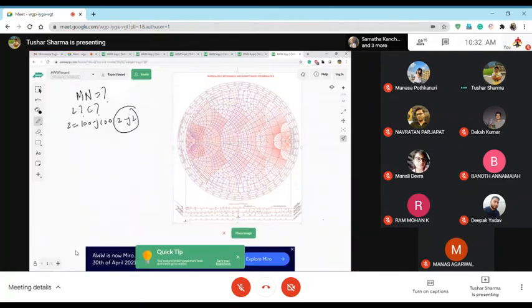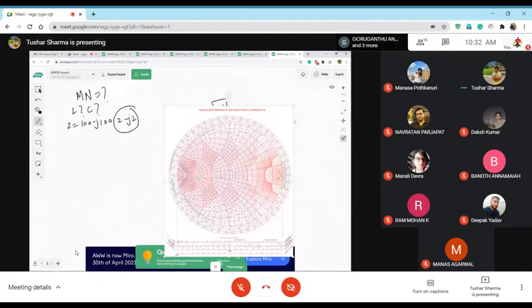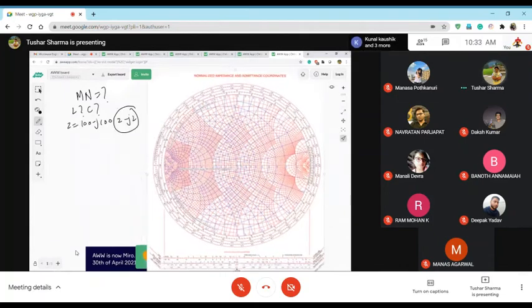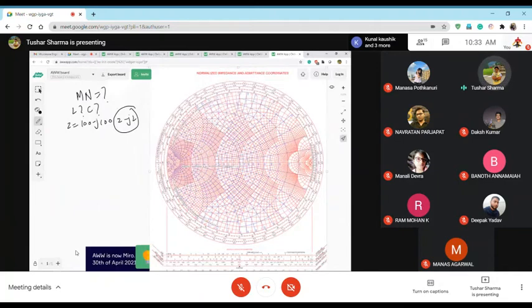Okay, 2 minus J2, and this is impedance, remember, it's not admittance.